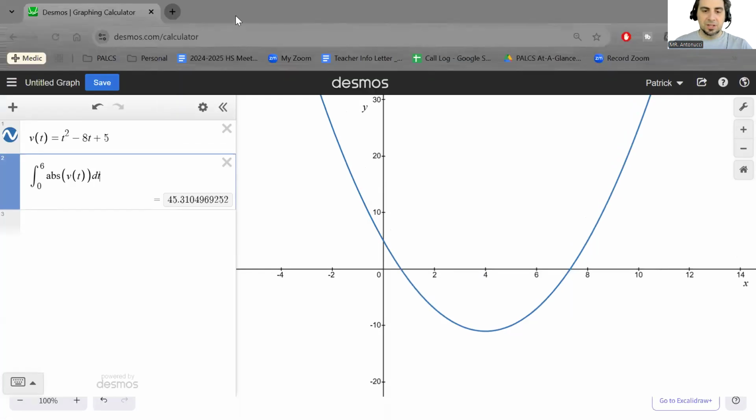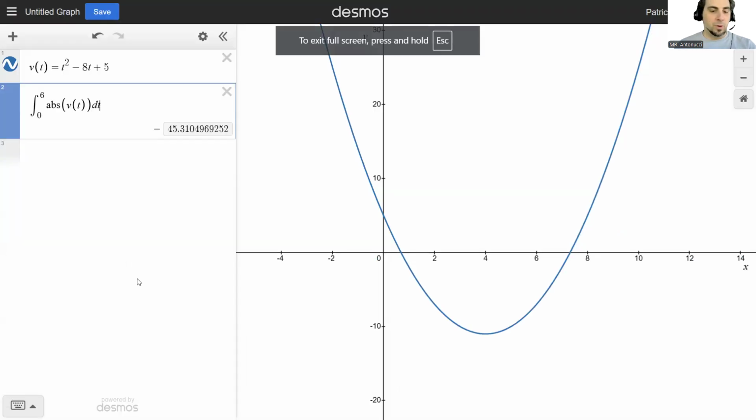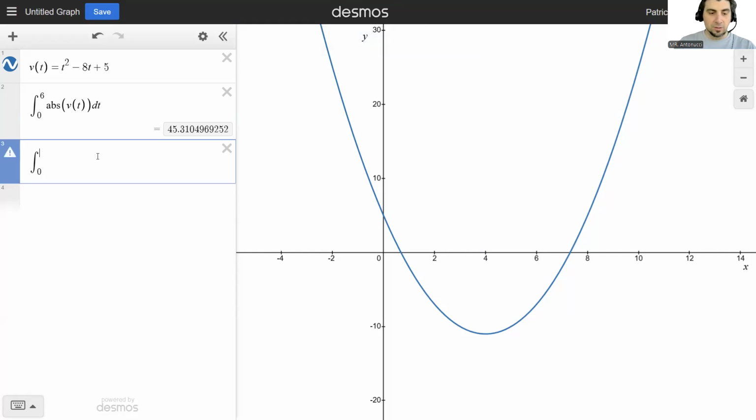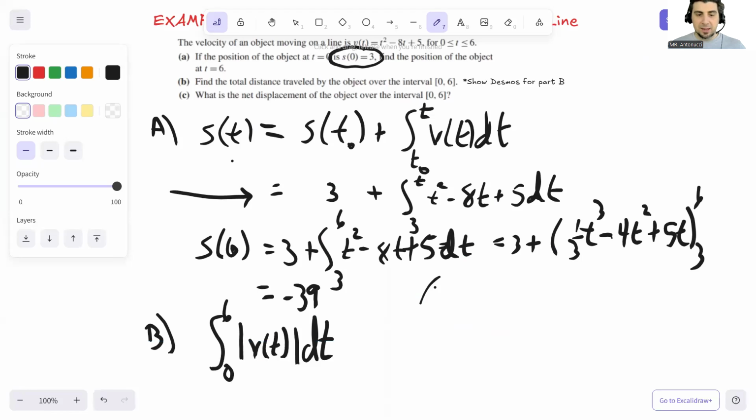But if we look at part C here, it asks what's the net displacement of that object over the same interval. So that's as simple as int for the integral 0 to 6 v of t dt, and you get negative 42. Now, an important point with this is on the AP exam, in order to get credit, you have to have the correct notation.